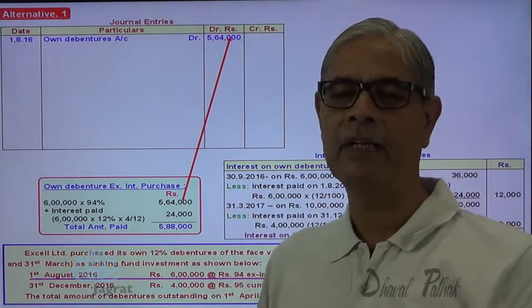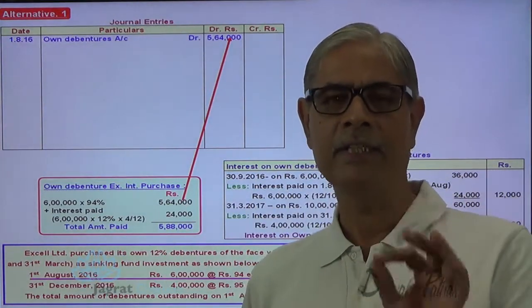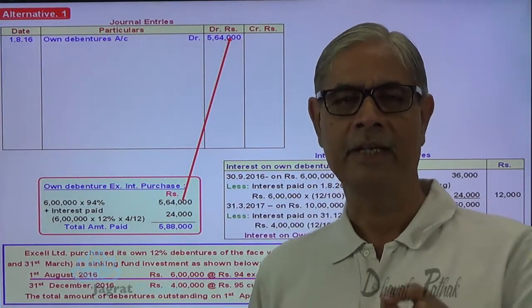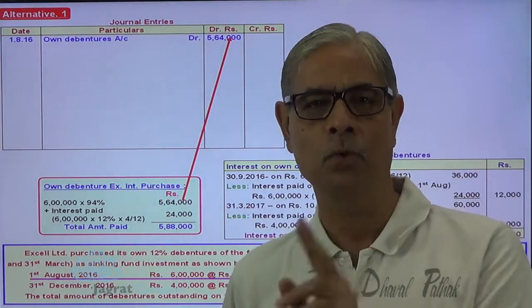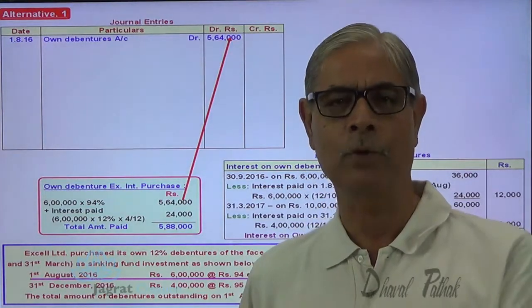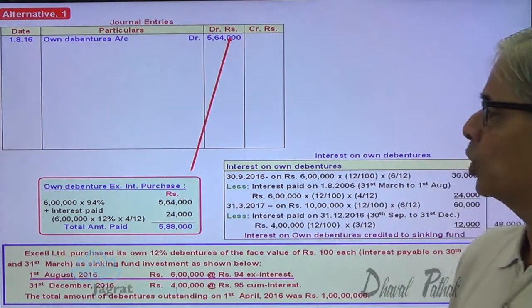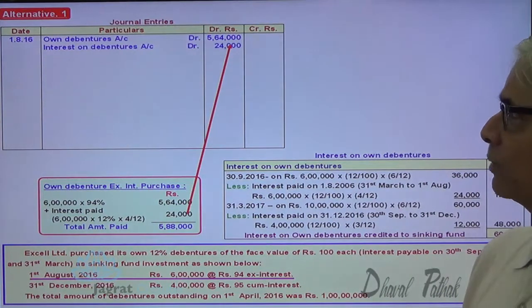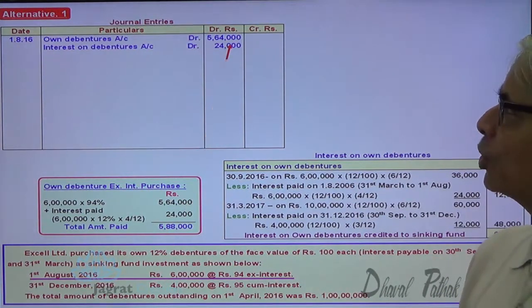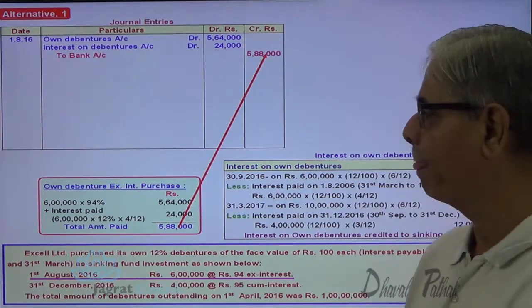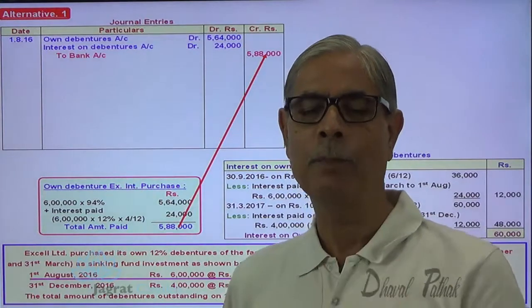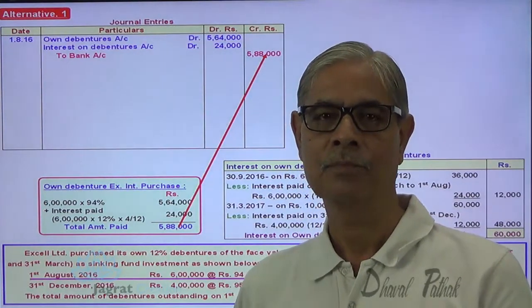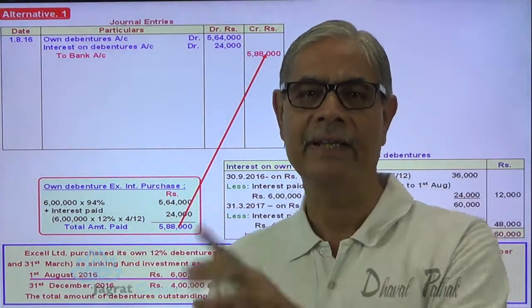Now this interest paid 24,000. Now in this first alternative, the interest paid 24,000 at the time of purchase of own debenture is debited to debenture interest account. So debenture interest account debit 24,000 to bank account credit. Now you are required to pay debenture interest on the interest date.